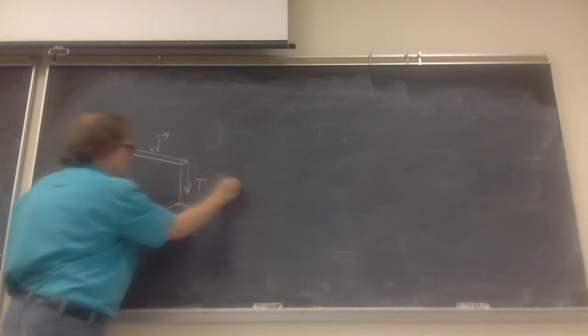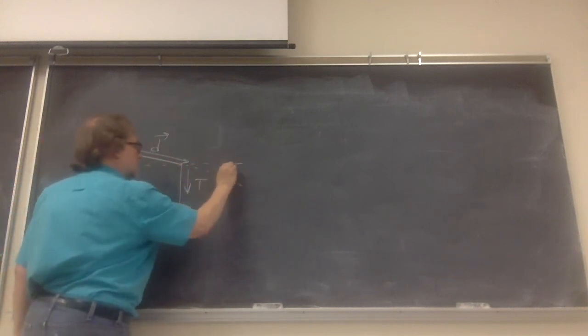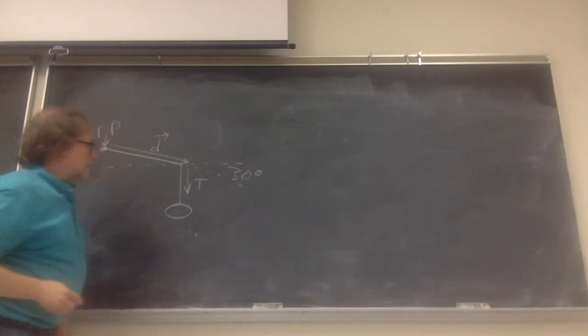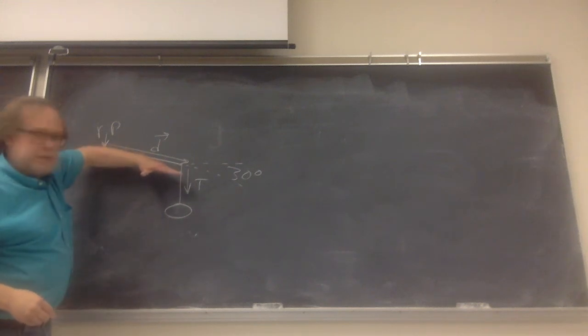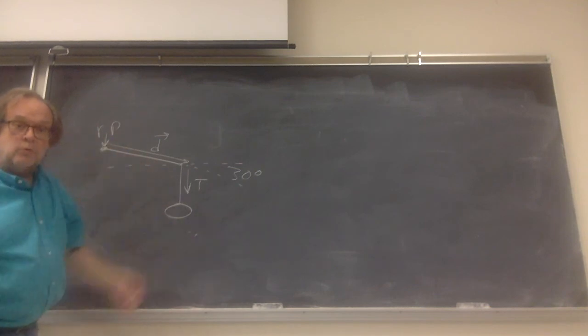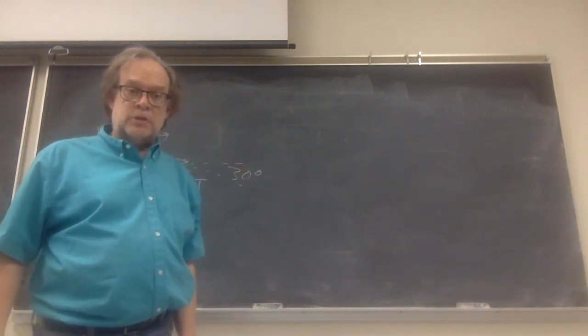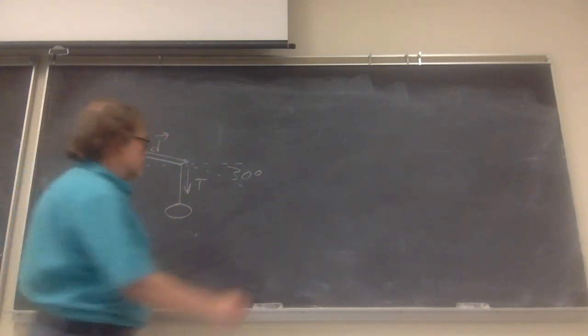And let's say the stick is oriented 30 degrees away from horizontal. So now we've got all the information we need in order to figure out how much torque this is producing.